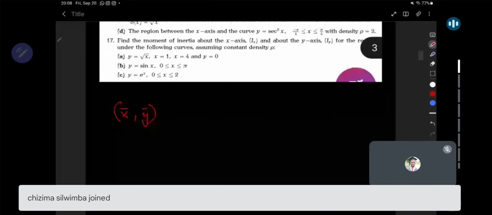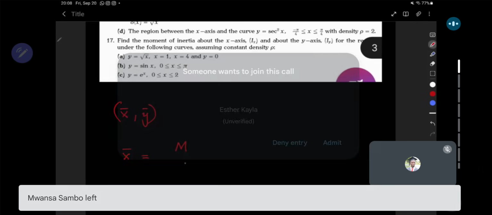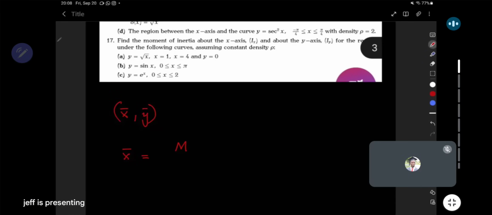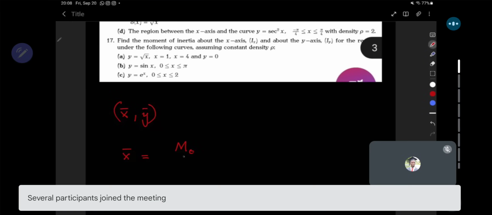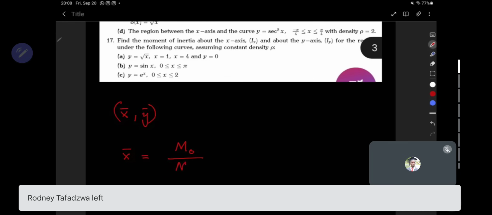So this is where it all starts. Basically, if we wanted to get the x-coordinate of the center of mass, we can easily take the moment for that particular part, so this is going to be the moment about the origin, divided by the mass of the object.